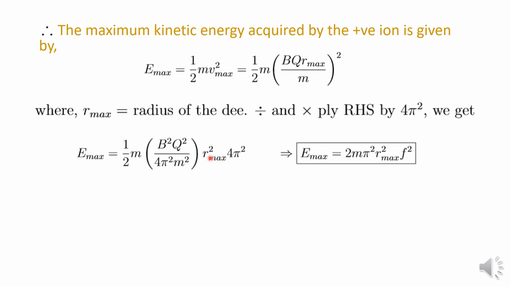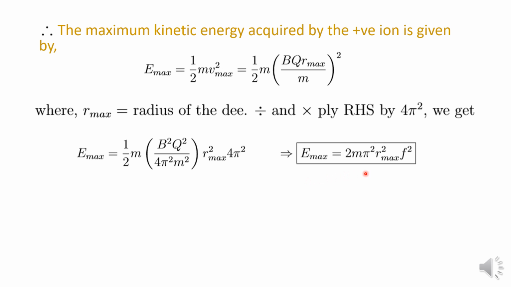So this is the frequency of the AC source, and therefore the maximum kinetic energy of an electron or any charged particle acquired by using cyclotron is given by 2m pi square r maximum square and f square.